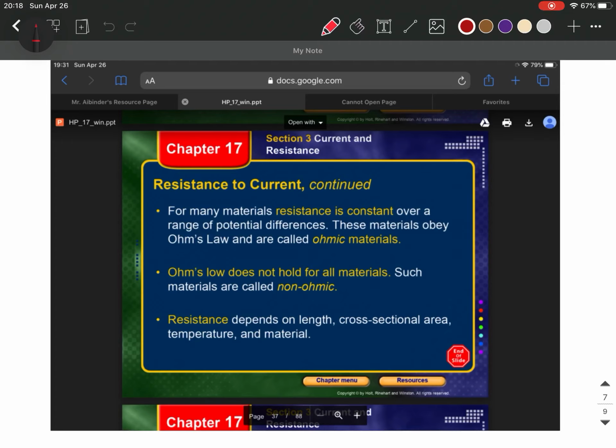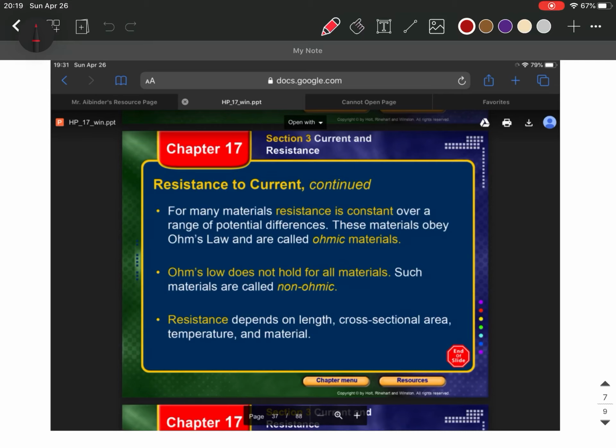So for all the problems in your assignment, we're going to be talking about ohmic materials so that you can use Ohm's law. However, keep in mind that not all materials follow Ohm's law. For some materials, this resistance would be different depending on their potential difference, etc. Sorry, depending on their potential difference, not their temperature. And these materials are called non-ohmic. We're not going to be covering those in our examples. You do need to know that they exist.